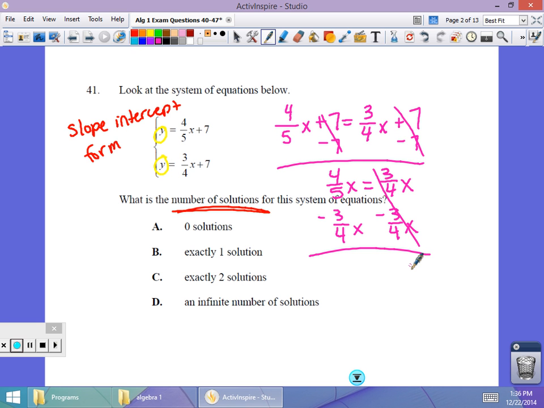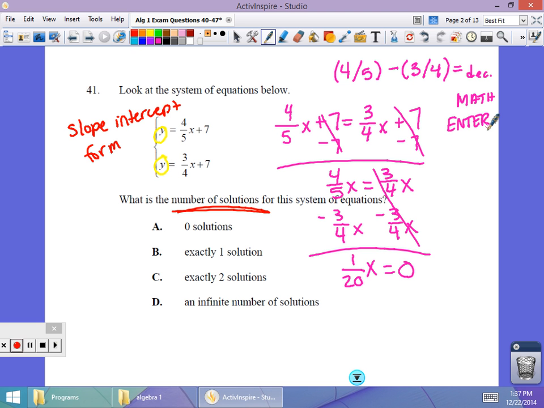It'll cancel on the right, leaving you with 0. 4/5 x minus 3/4 x actually equals 1/20. You can plug that in by doing parentheses 4 divided by 5 minus parentheses 3 divided by 4. You'd get your answer. It should be a decimal. And if you hit math, enter, enter, you should be able to put it back into a fraction.